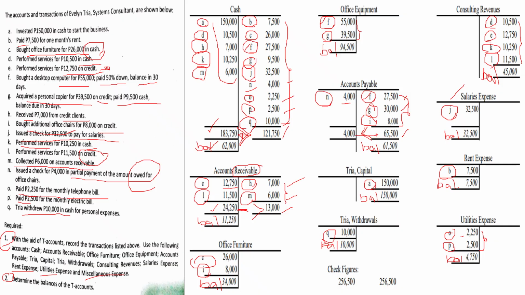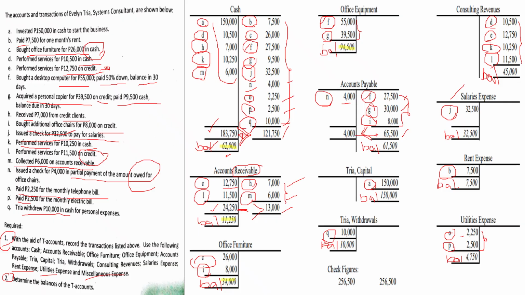So we add all debits. Okay, so let's check. We add all debits, right? Now let's highlight it. Okay, we have 62 debit, 11,250 debit, 34 debit, 94,500 debit.